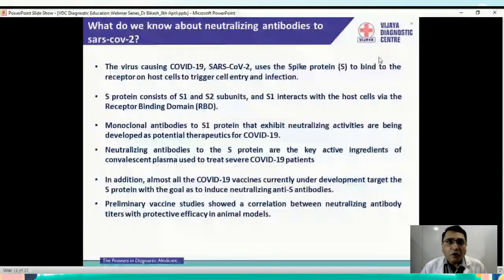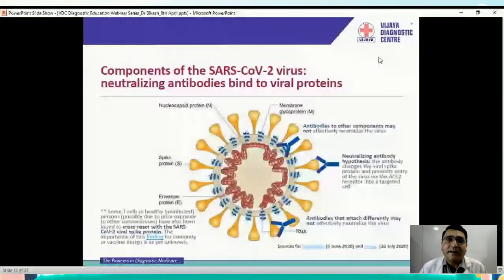In addition, almost all the COVID-19 vaccines currently under development target the S protein with the goal of inducing neutralizing S antibodies. A preliminary vaccine showed a correlation between neutralizing antibody titers and protective efficacy in animal models. Now, this is an illustration of how the antibodies that are developed bind to the different proteins of the virus.